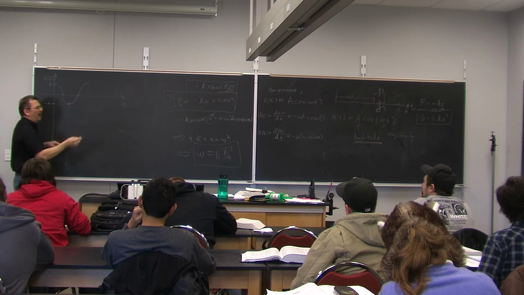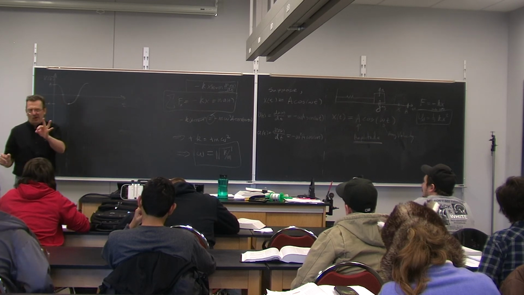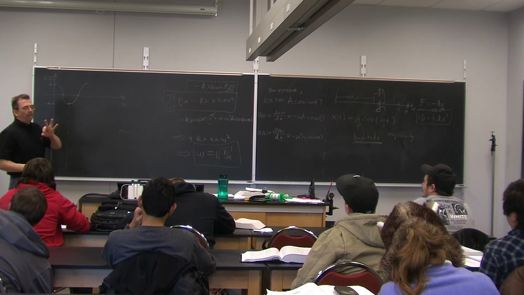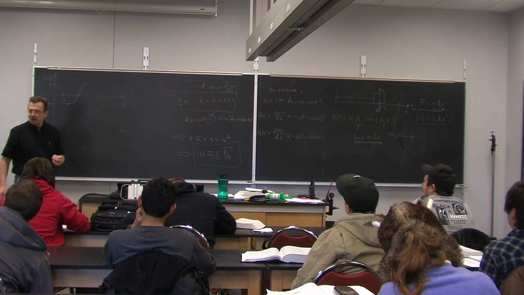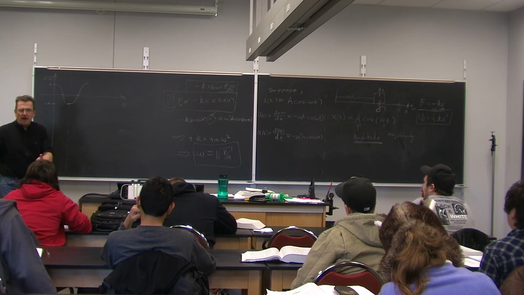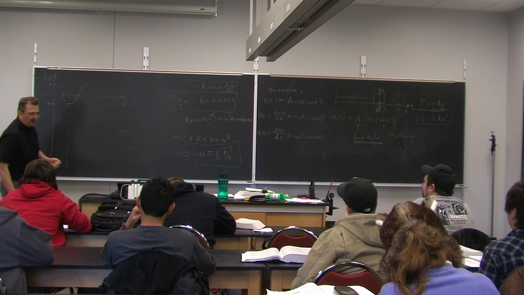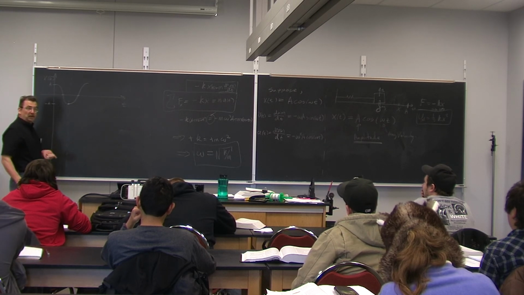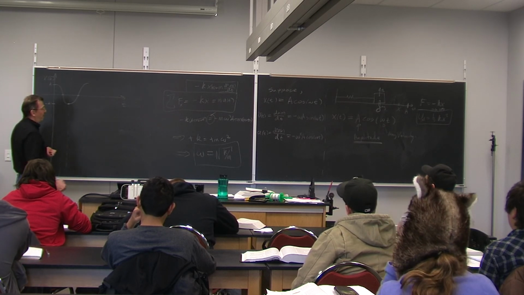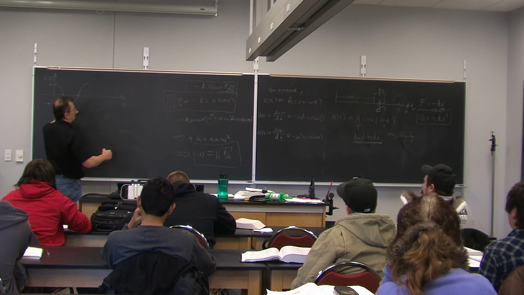Cosine of what value gives you 0? Half pi. Cosine of pi is equal to negative 1. Very good.